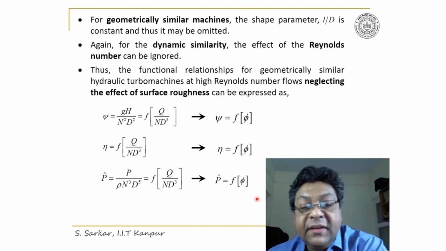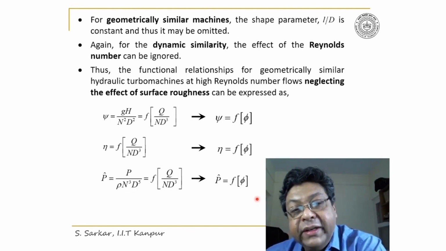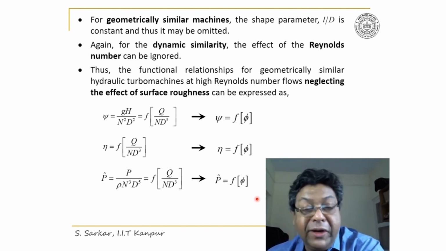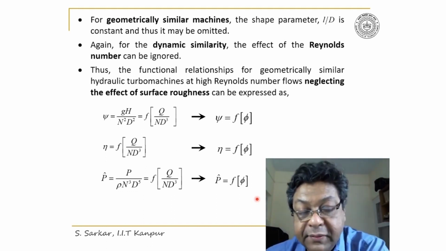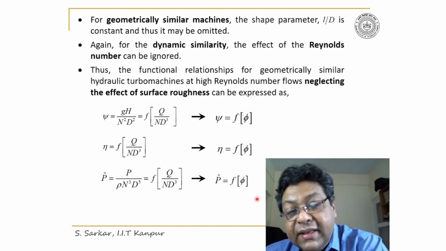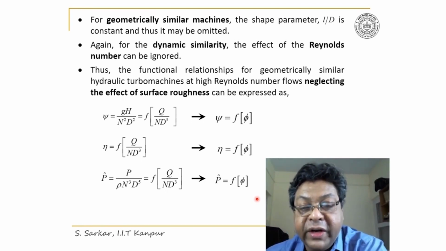So thus, in brief, for geometrically and dynamically similar machines, that means in a strict sense, if the machines are homologous, then xi, eta, and P tilde can be expressed as a function of phi.